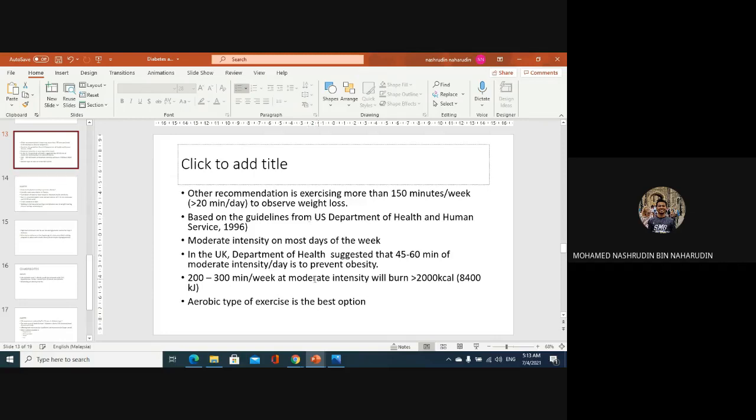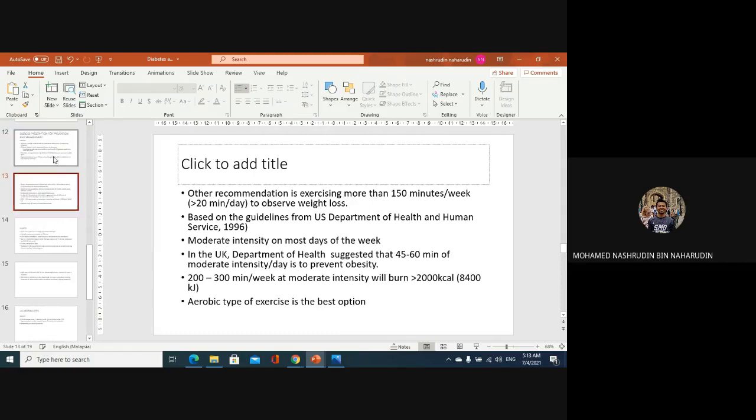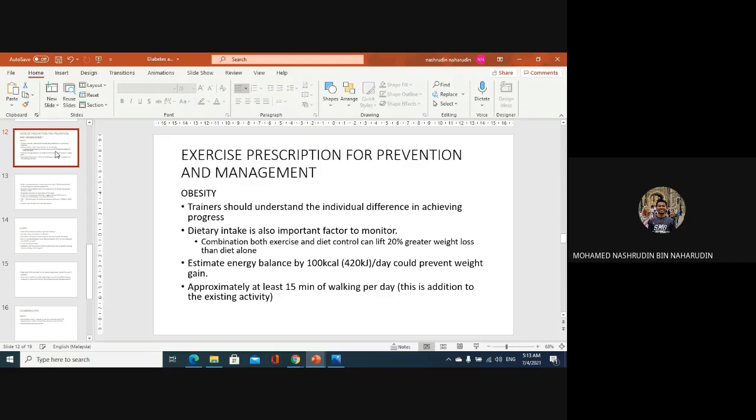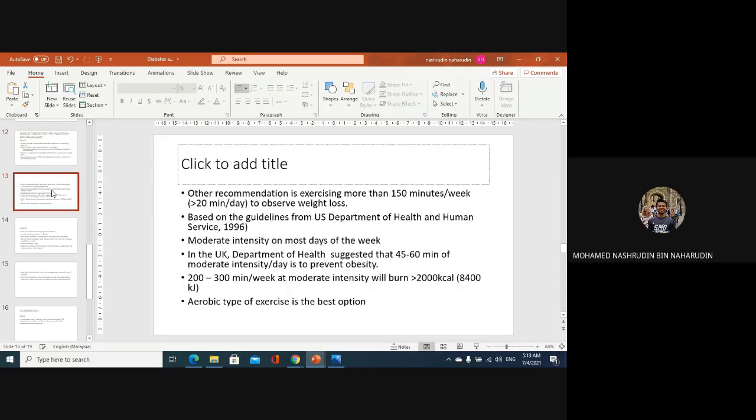So you have to remember this is the minimum prescription that you can maintain or slightly see changes in your client's body fat percentage or body weight. Okay, and then you have to add more on the subsequent weeks.